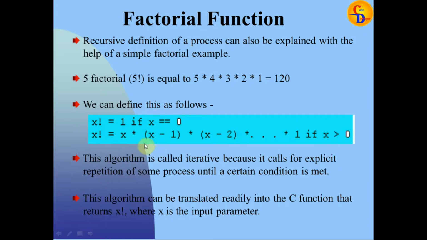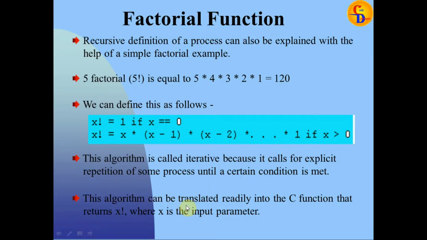Otherwise, it is processed as x into x minus 1 into x minus 2, up to 1. This algorithm is called iterative. Iterative means calling the same process again and again, because it calls for explicit repetition of some process until a certain condition is met.